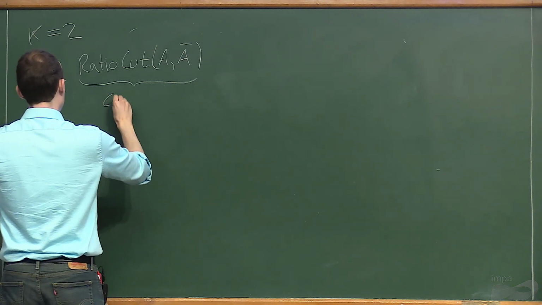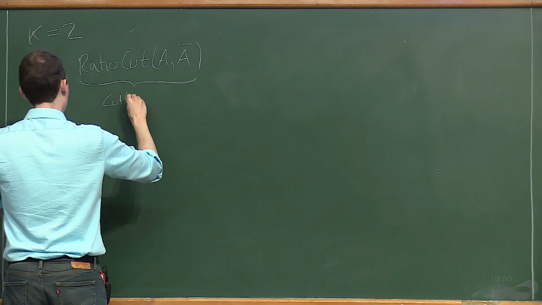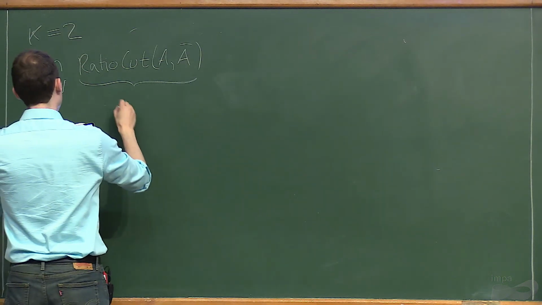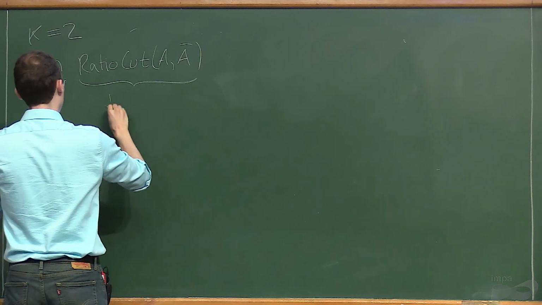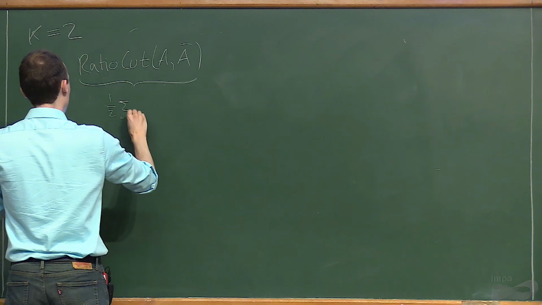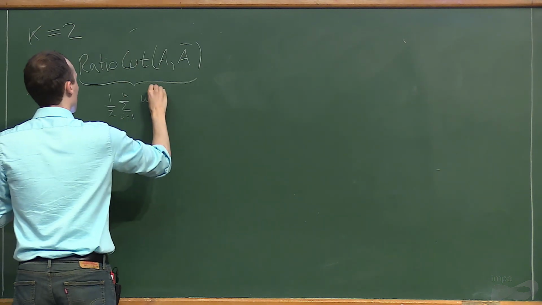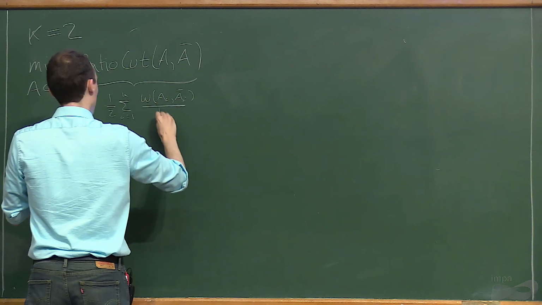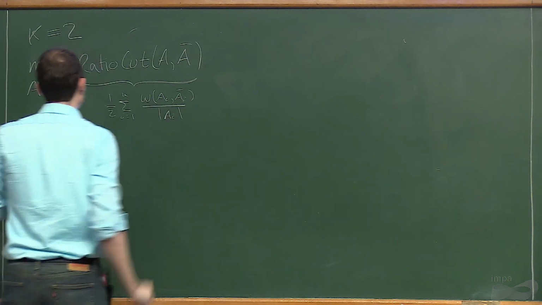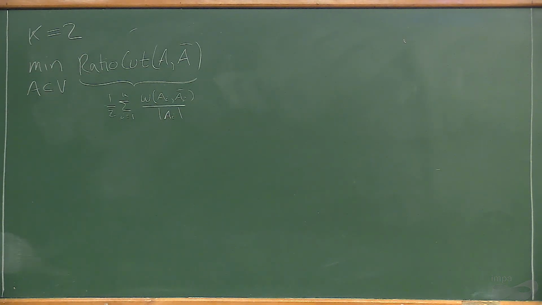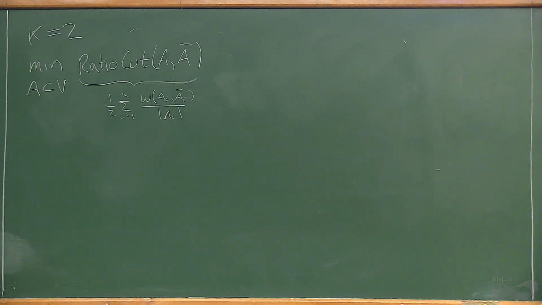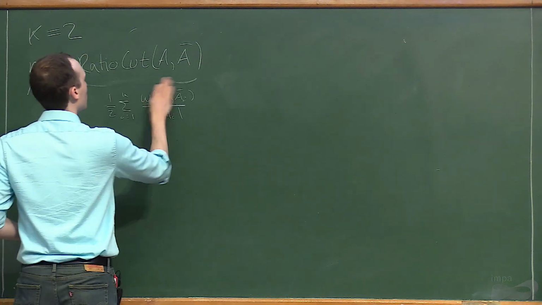I'll just write in the general case. In this case, for ratio cut, the ratio is normalizing by the cardinality of these subsets. So this is our problem of interest.